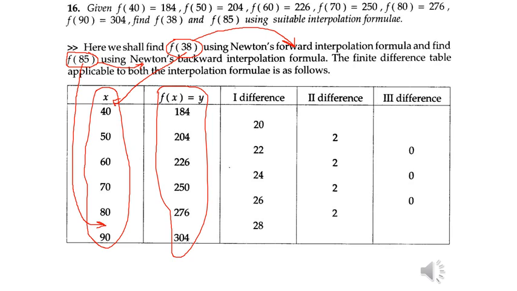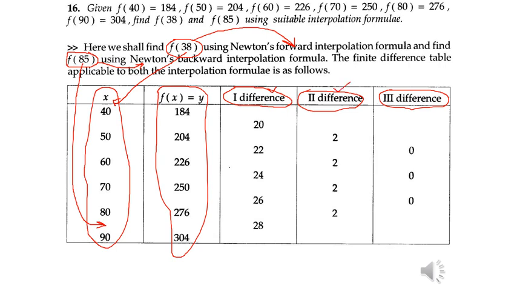So that's why we have not denoted any delta or nabla here. Just we have taken it as a first difference, second difference, third difference. That is, in any question, if you have to use both the formulae, don't denote any nabla or delta.